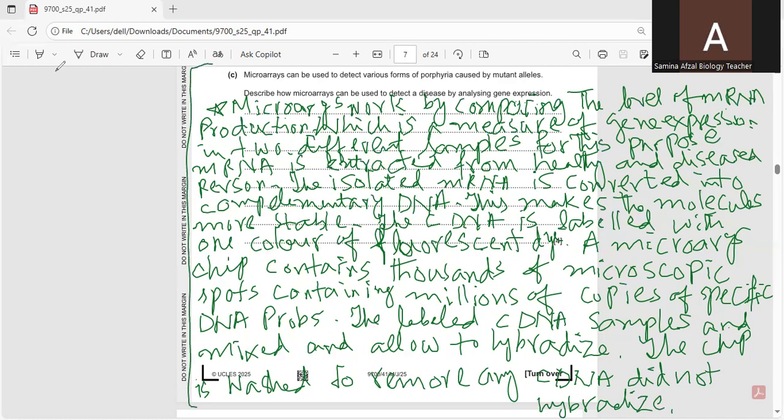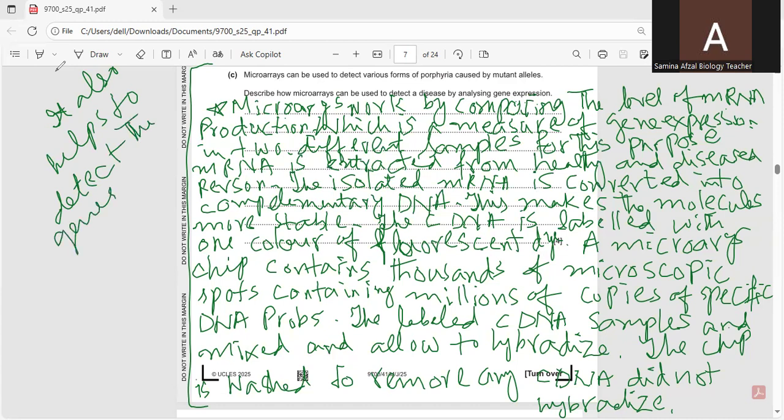So the microarray detects the disease because mutant alleles or a disease state typically cause the expression of specific genes to change. It also helps to detect the genes which were not expressed in either sample.